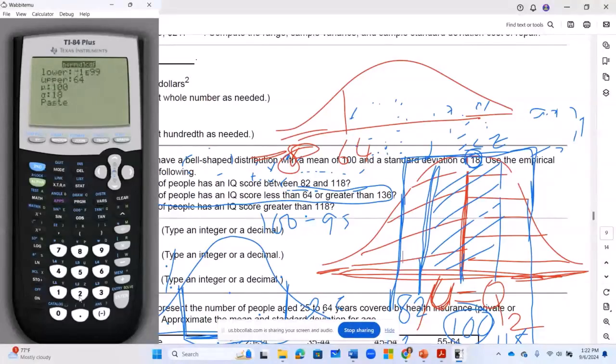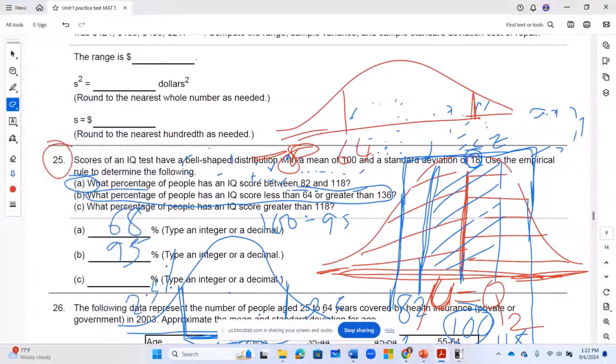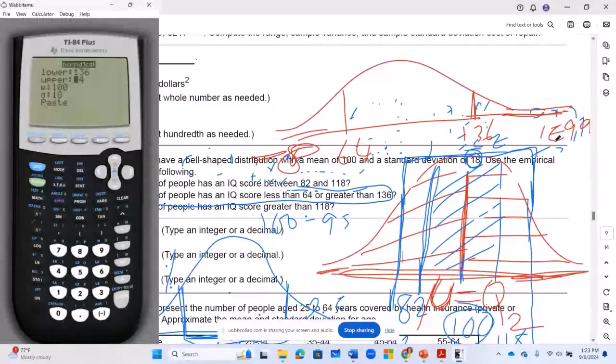Because it's area to the right, it is 136, because 136 is lower than positive infinity. Look up here and see what I'm saying. Right here, this is 136, and then positive infinity is 1e to the power 99.